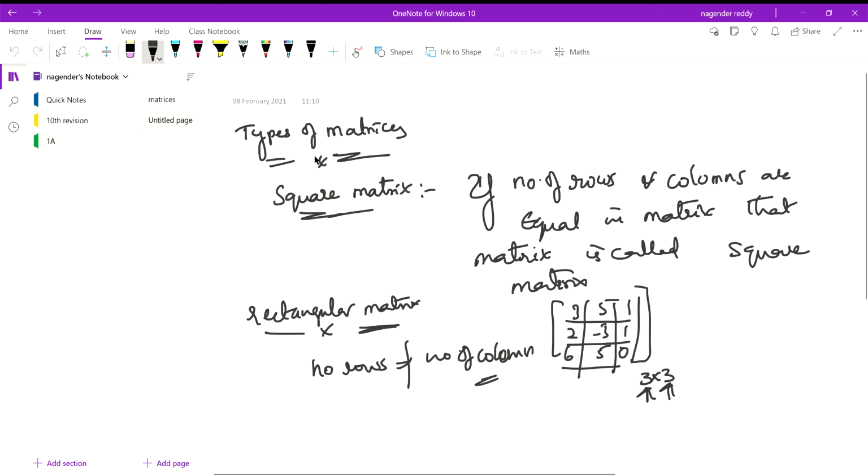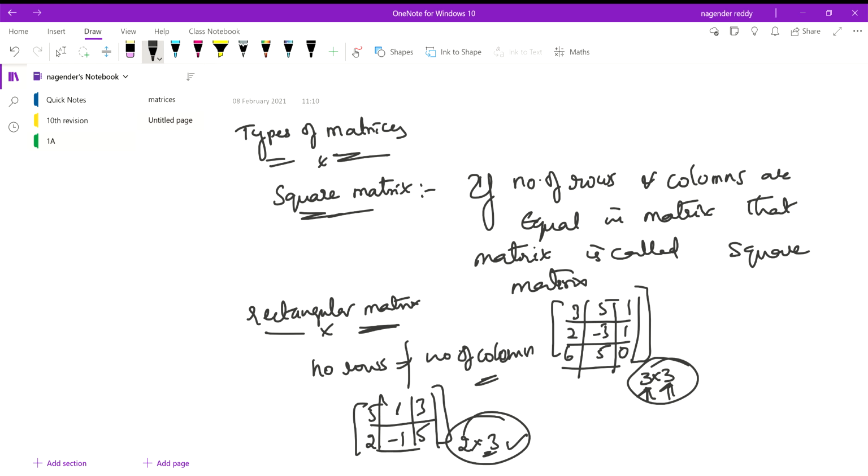For example, 5, 1, 3, 2, minus 1, 5. You can observe the number of rows is 2 and the number of columns is 1, 2, 3. They are different. When the number of rows and columns are equal, it is called a square matrix. If not, it is called a rectangular matrix.